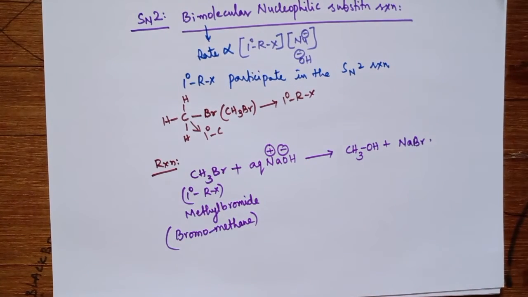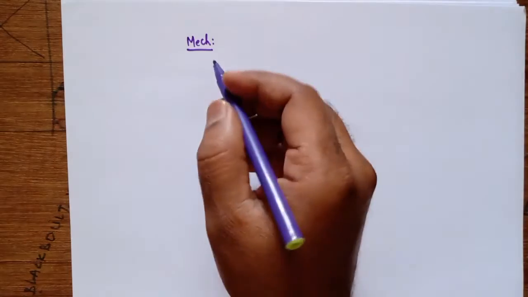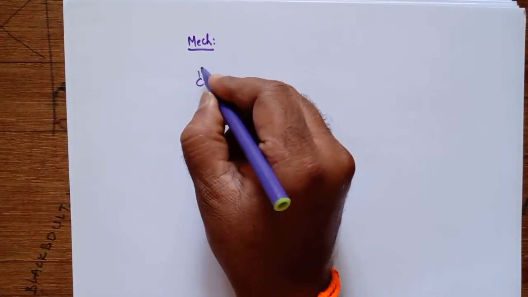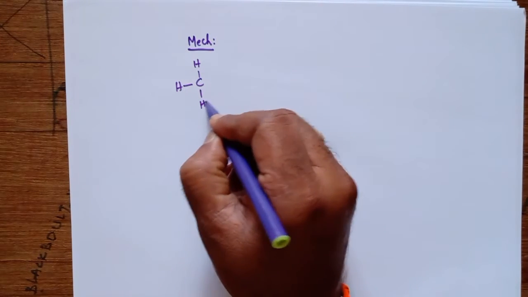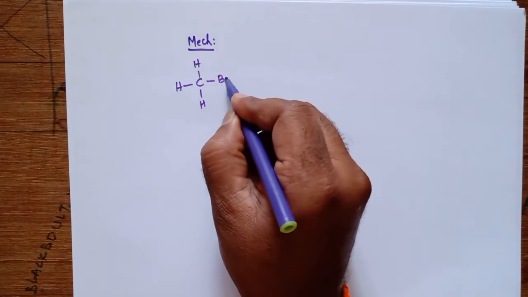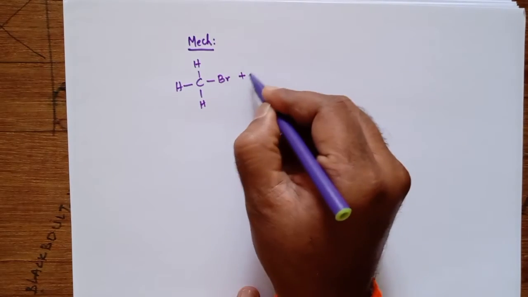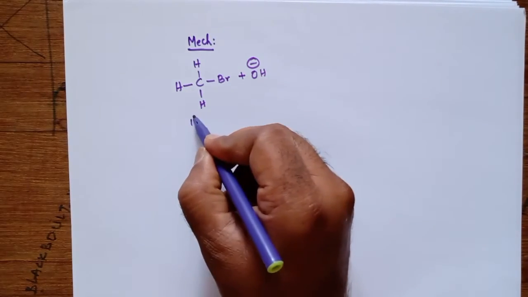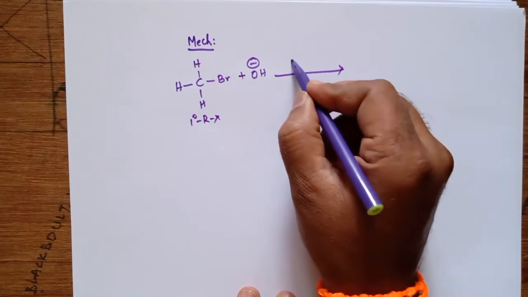So if you see the mechanism, this one is CH3Br, right? So OH minus, and this one is a primary alkyl halide, right? The first step is the rate determining step.